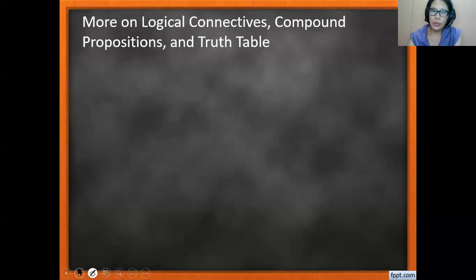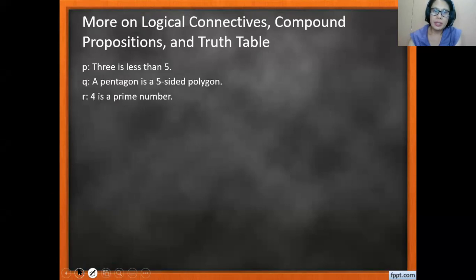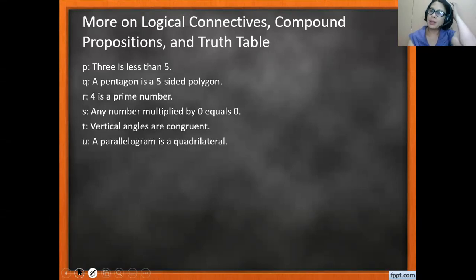So we're going to work more on logical connectives, compound propositions, and the truth table. As I was saying, I'm going to give propositions or statements on mathematical concepts. All of these statements are mathematical concepts, and we can place a certain value for each proposition.